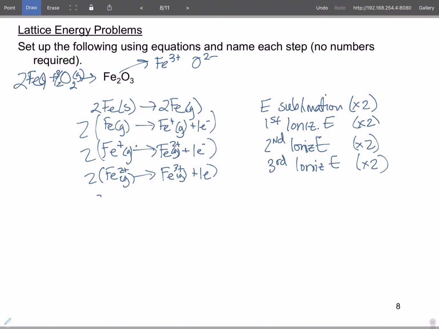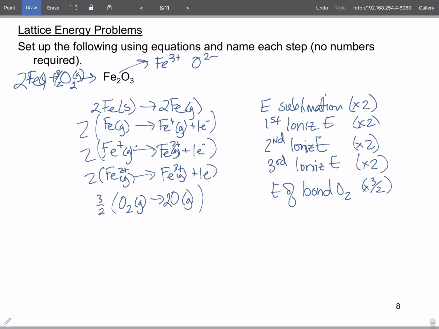So now we're going to take 3 halves O2, which is already a gas, so we don't need to sublimate it, to 2 O gases. So this would be the energy of the bond. So it's bond energy, and it'd be multiplied by 3 halves.